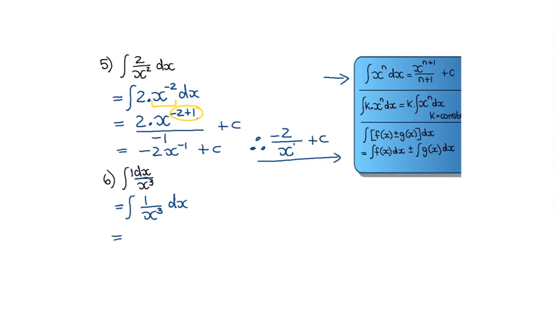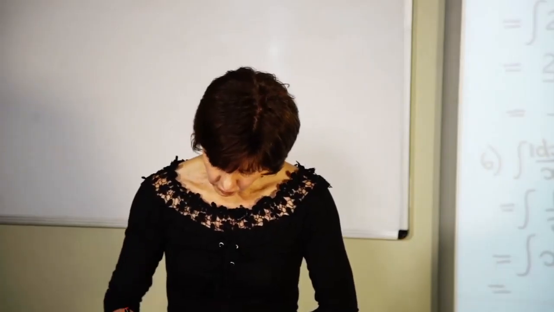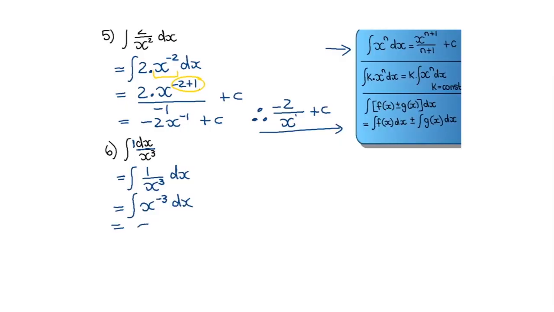We'll have to integrate x to the power negative 3 because the x with its exponent must be in the numerator. So I can use the first rule that I have that says write down what you have, add a 1, divide by the new exponent plus a constant.